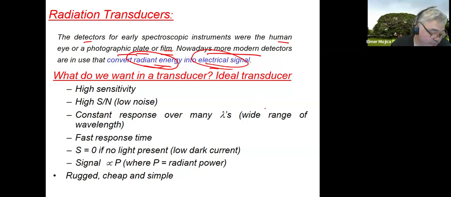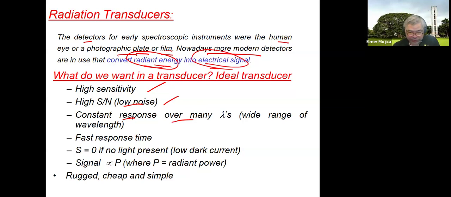So if we're going to look at the properties of a transducer, these are the ideal transducer properties. It should have high sensitivity, a high signal to noise ratio or low noise, and constant response over many wavelengths, so a wide range of wavelengths.